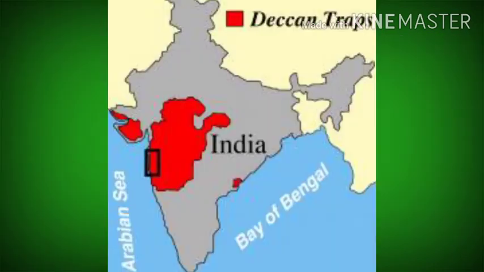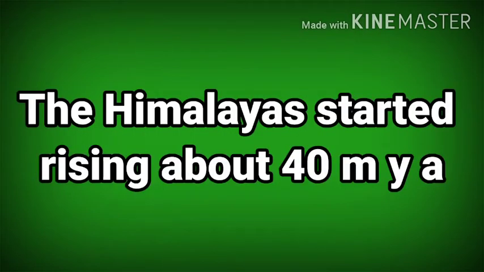The formation of the Deccan Traps approximately 60 million years ago was one of the major events during the movement of the Indian plate. The formation of the Himalayas started around 40 million years ago, and the process is still continuing, and the Himalayas are still gaining height.